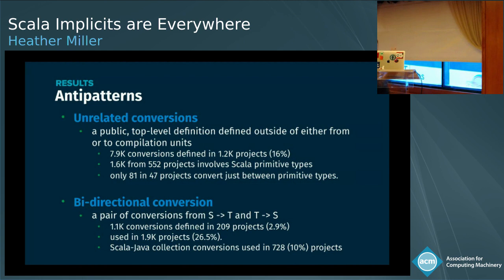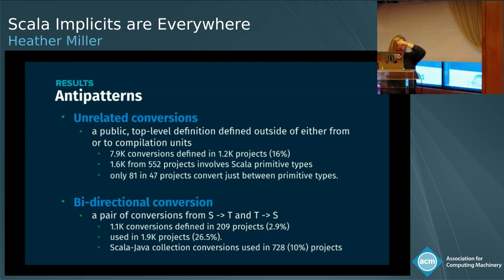Some anti-patterns. There are two anti-patterns worth mentioning. The first one is unrelated conversions: public top-level definitions defined outside of either of the from or the to compilation units. A good example of this is something like array to int being introduced into some random place in a project. That's clearly not great.